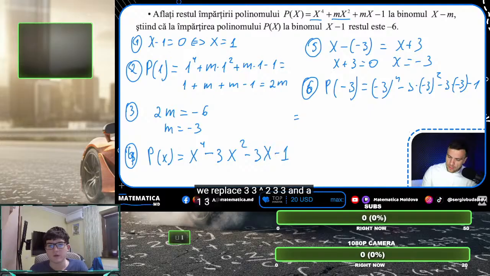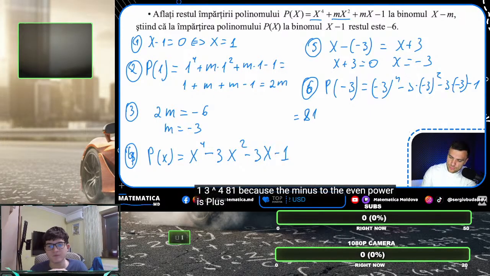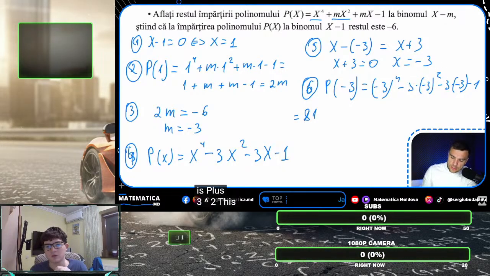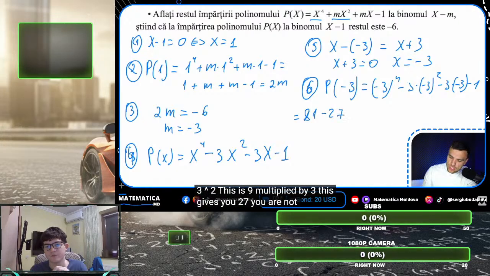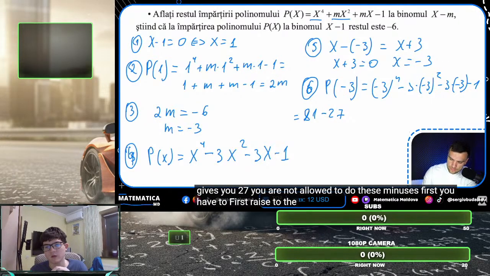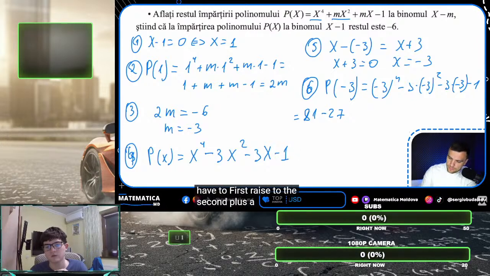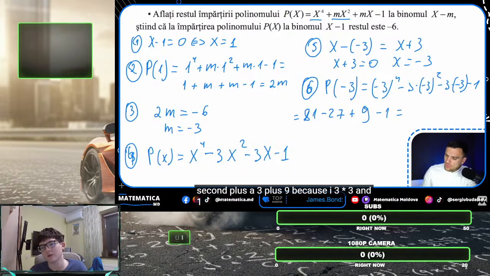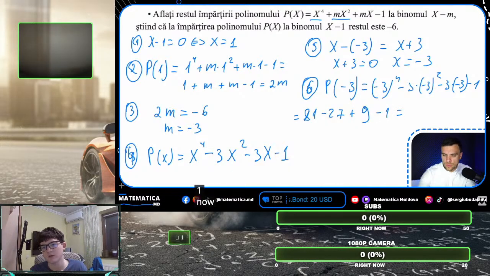Okay, Professor. That's gonna be 81. Positive power, positive outcome. Now that's gonna be minus 27. And that will be minus 9, because we got 3 minuses. Oh, for fuck's sake, that's a minus, not a multiplication, so I get this.